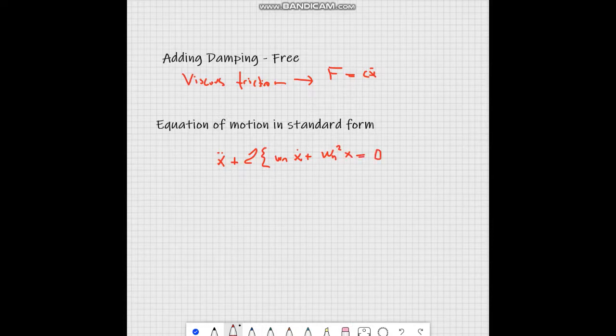Why? Because it's free vibration, so it's going to be a homogeneous differential equation.